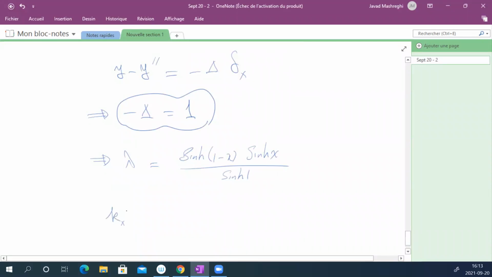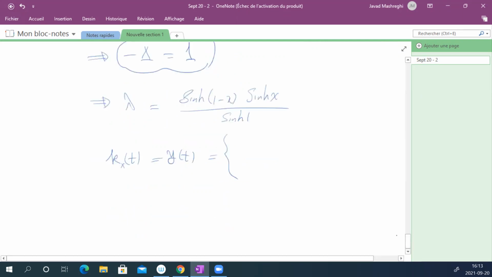So K_x of t, which is our y of t, now becomes a rather unexpected formula: sine hyperbolic 1 minus x over sine hyperbolic 1 times sine hyperbolic t for t less than or equal to x.